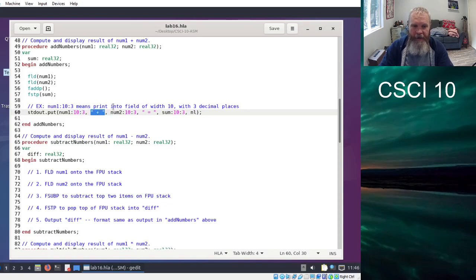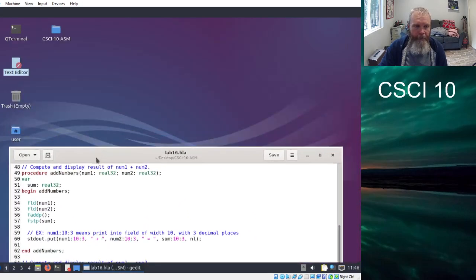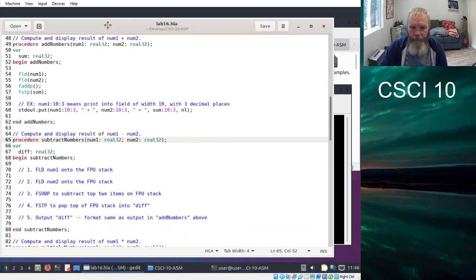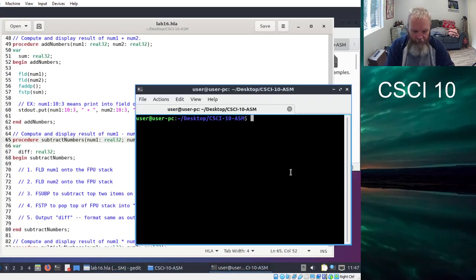Then space plus space, then we take num2 in a field 10 wide to 3 decimal places, and then sum in a field. Let me see if this will compile so you can see what that's supposed to look like. Hopefully it will compile.